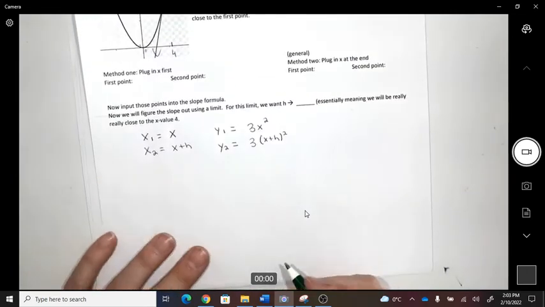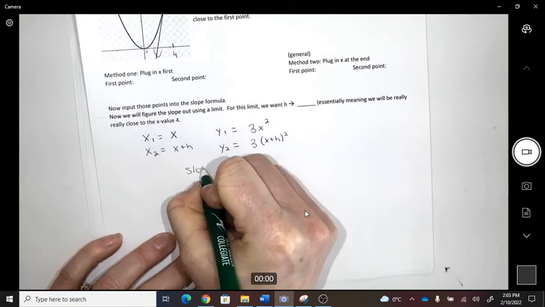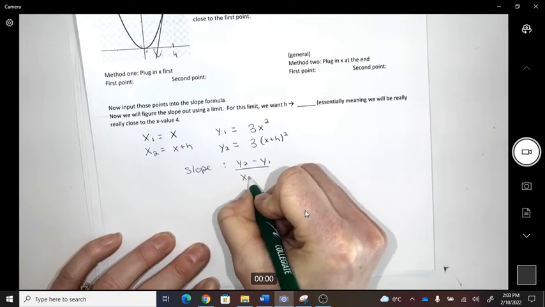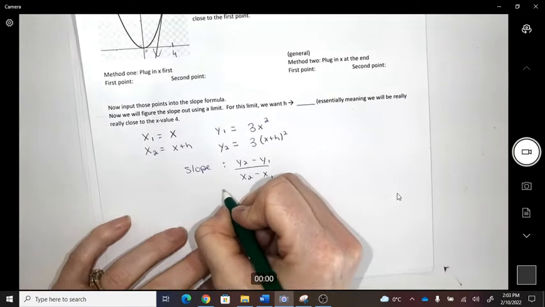Okay, ready? So the slope formula is, you don't need to write this if you don't want to. So this is just my slope formula. Okay, so ready to fill in?